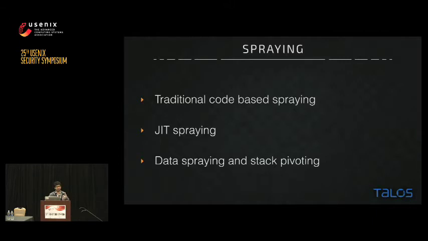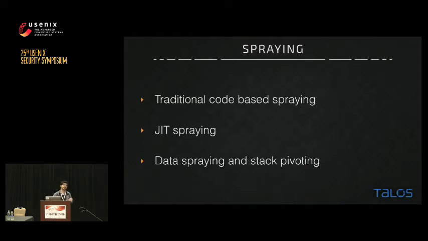So for historical reasons, the first method is the so-called traditional code-based spraying, okay? In this case, the scenario is that the operating system has the ASLR, the address space layout randomization, enabled, but the data execution prevention is either disabled or not supported. Nowadays it is not so common, but for historical reasons, I have to mention also this approach.